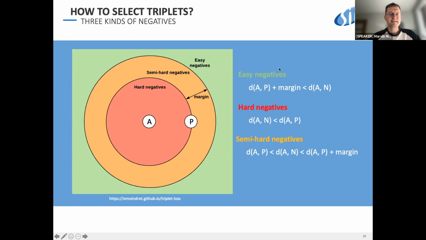So in such a case, the loss for such examples would be zero, and these examples wouldn't contribute to the training of the model. What is more interesting are hard negatives and semi-hard negatives.